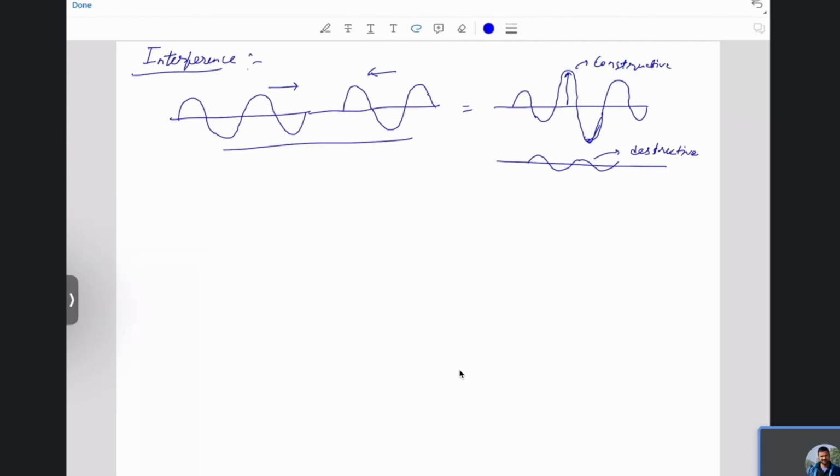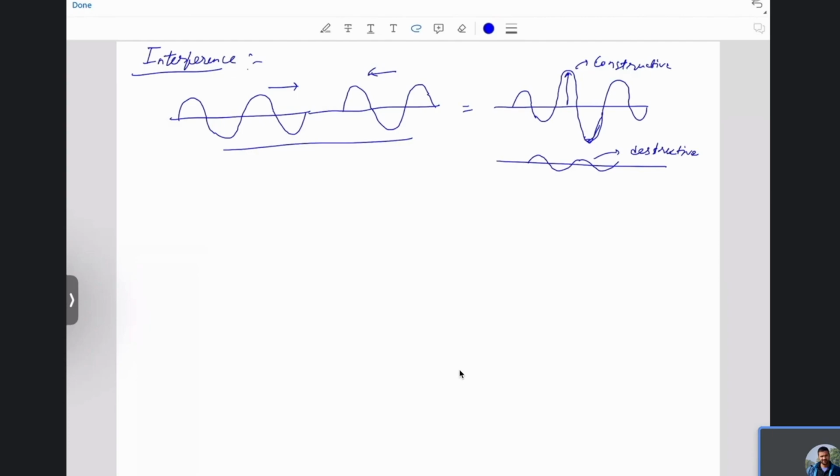So these are the scenarios which can happen, and this interference is based on the superposition formula. So you superimpose these two waves, and what you get is the interference wave or composite wave after interference.